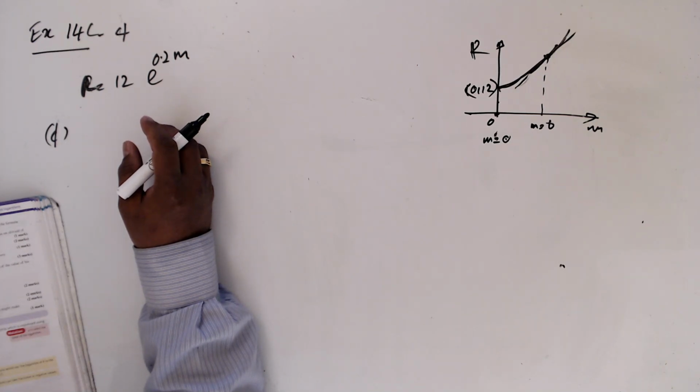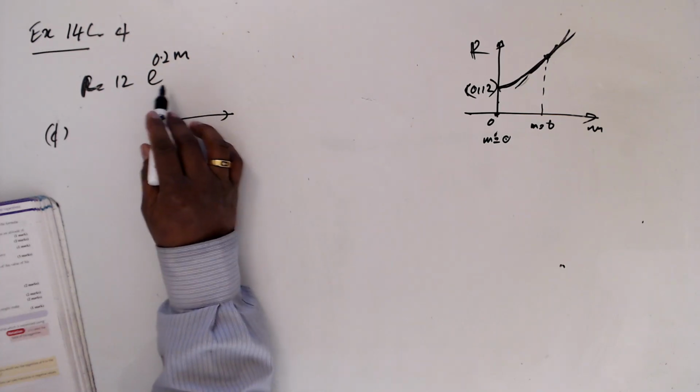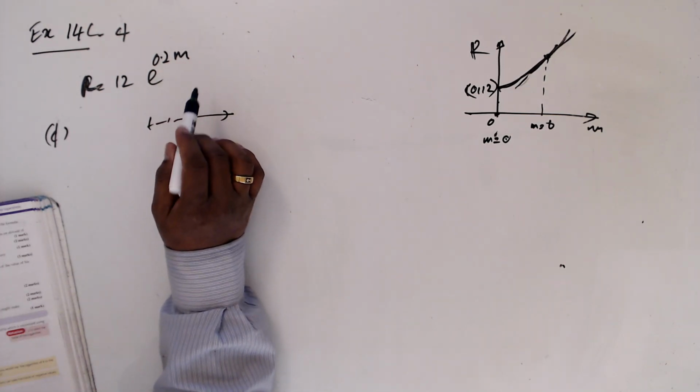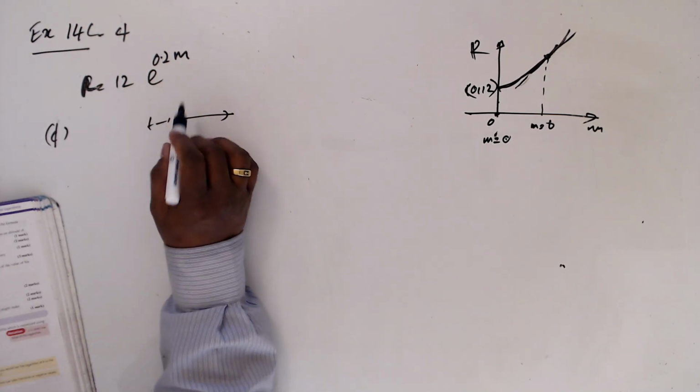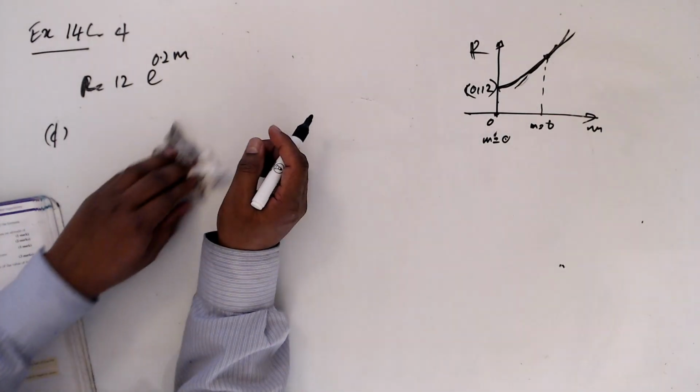But especially the food and the space we can talk about, because when t goes to infinity, this is going to be an infinite number. So it's not practical for when t goes to infinity or large numbers.